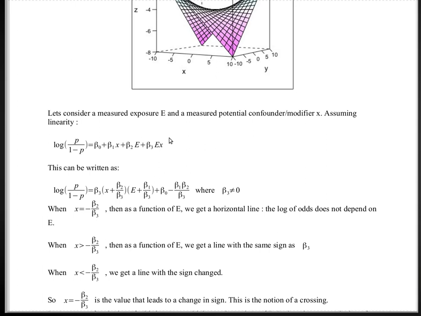But the challenge for you is not that the software will fit this model or R will fit this model effortlessly. It is, what do we get from such a model? How does it provide us with an understanding of the disease-exposure relationship and the extent to which it is modified or confounded by an explanatory variable x?